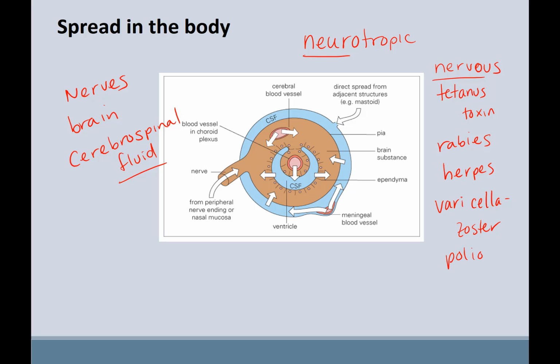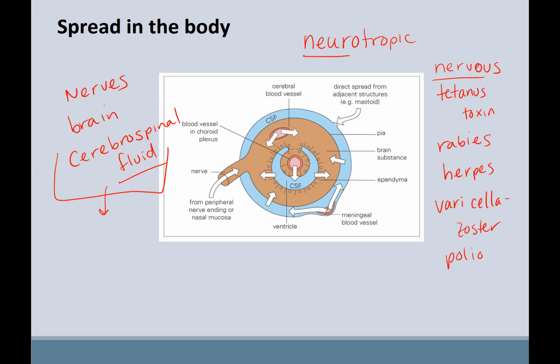Polio primarily replicates in your gut, but if it gets access to nerve cells, it can also replicate in the nerve cells. And since it exits by lysis, it destroys the nerve cells, and that's how you get paralytic poliomyelitis.